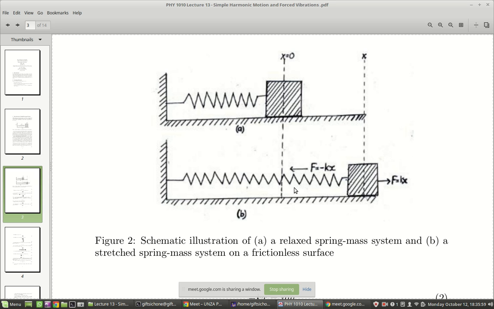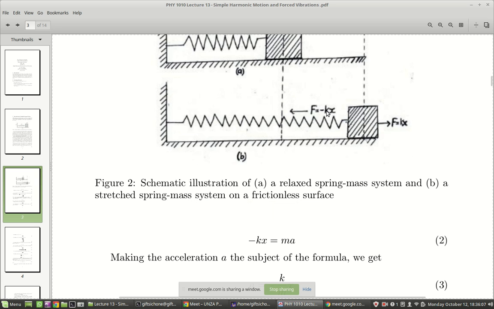Since that is the restoring force which is causing that, we can write Newton's second law of motion, the famous Newton's second law of motion. F in Newton's second law is the force which is causing the acceleration, and m times a is the acceleration being caused.